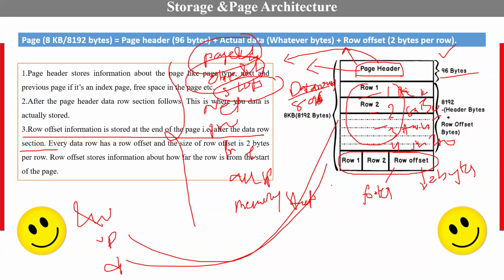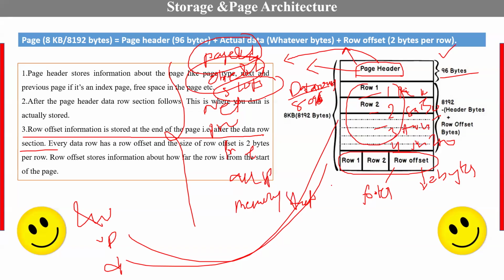This is about your page architecture. In SQL Server, your data is stored in the form of pages. Each page size is 8 KB, which contains a header, data rows, and a footer, which we call a row offset. The header contains the page ID, object ID, slots, next page, previous page, free space, allocated space, all that information.